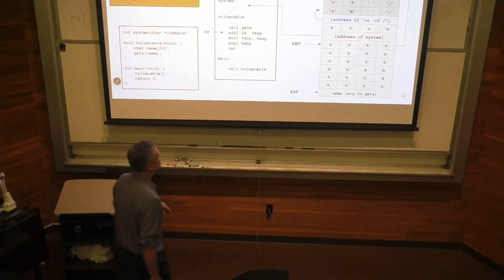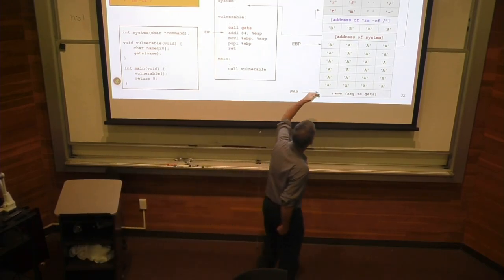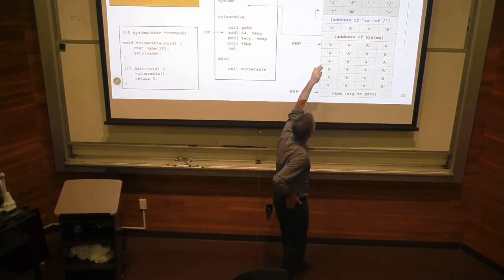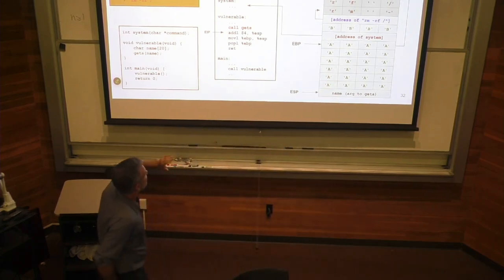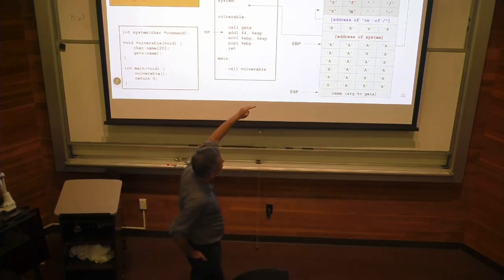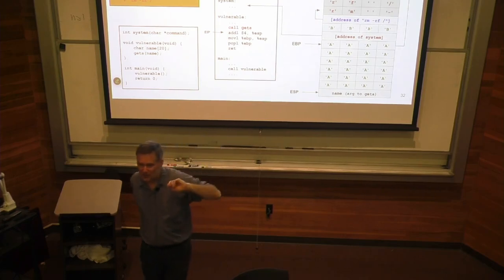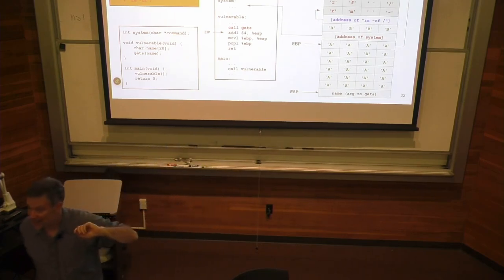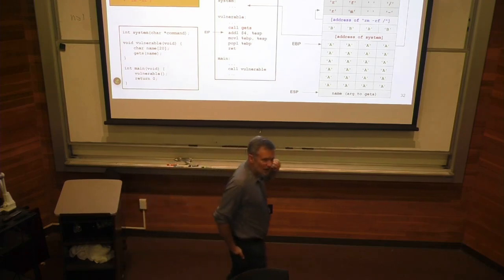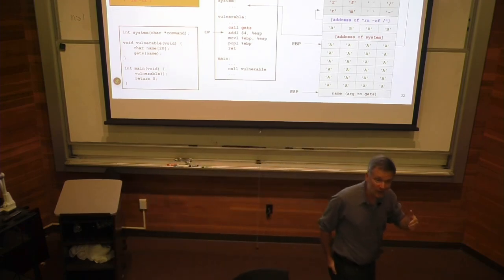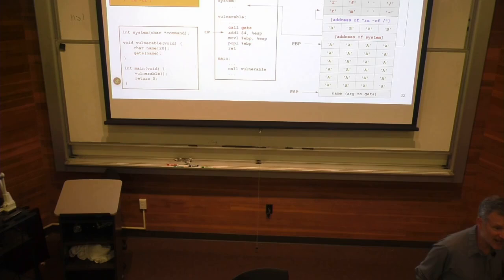So after we read this input, the name buffer has been filled with junk. The saved frame pointer got filled with junk. We don't care. Then the RIP got overwritten with the address of this system function that the attacker is trying to execute. And what does a function expect to be on the stack when it's called?